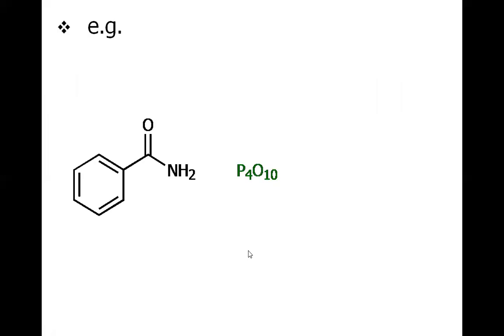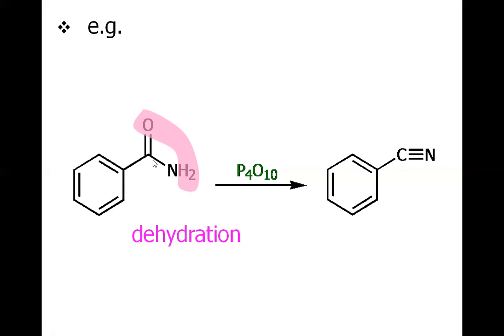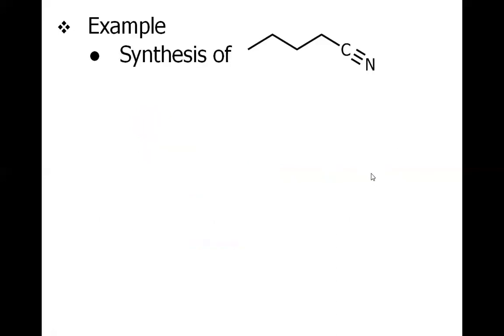What does it mean? We will discuss after one more slide. So here you can see this amide has lost the oxygen from this carbonyl oxygen, and the two hydrogens from this amide. So the water molecule will leave, and we have C triple bond N as the final product. Here we take an example to discuss why this reaction is very important.